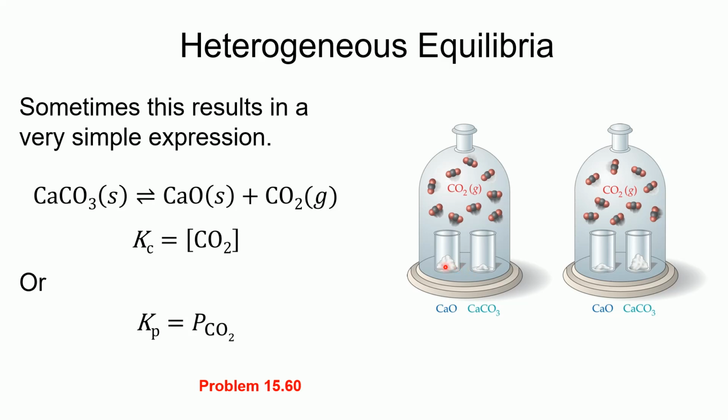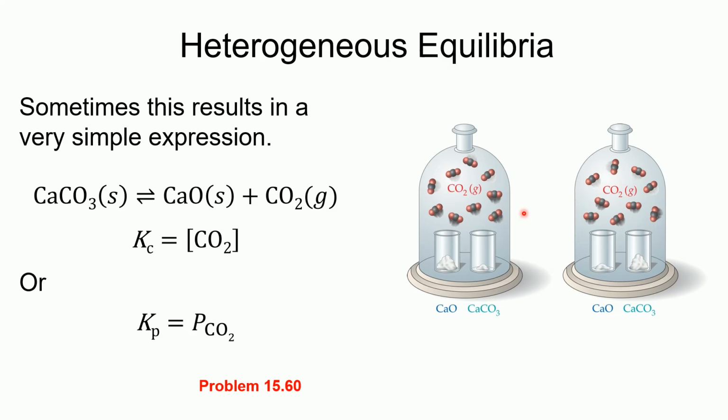It doesn't matter whether we have a whole lot of the calcium oxide and just a little bit of the calcium carbonate, or conversely, a little bit of the calcium oxide and a whole bunch of the calcium carbonate. We're still going to have the same concentration of carbon dioxide, or the same partial pressure of carbon dioxide, if that's how we choose to look at it.